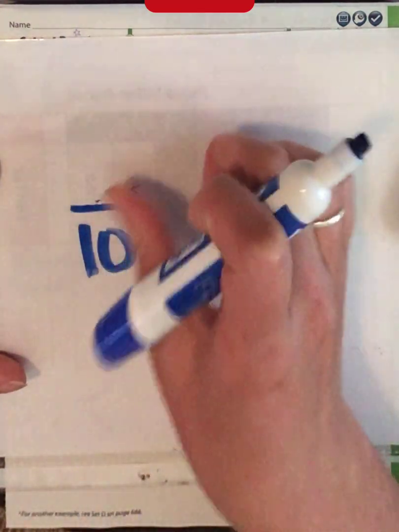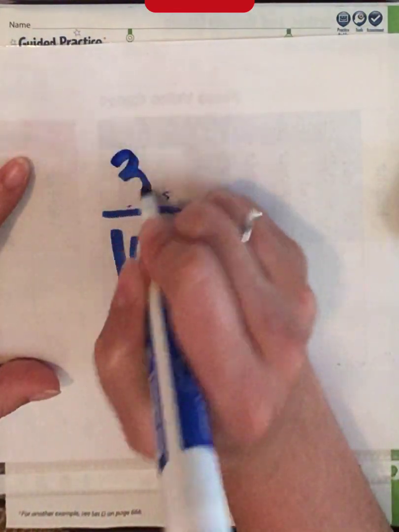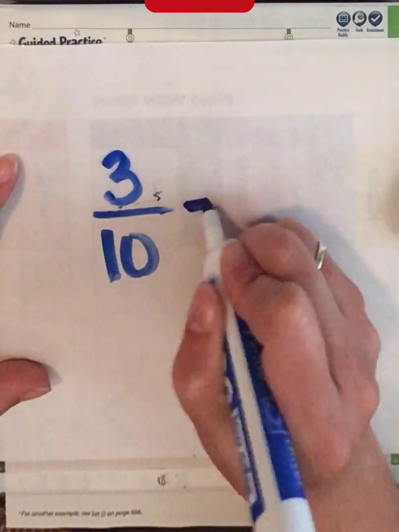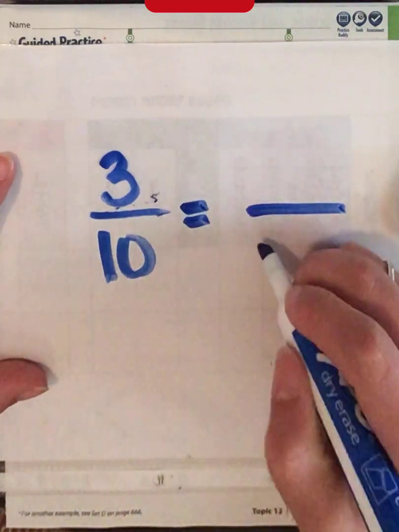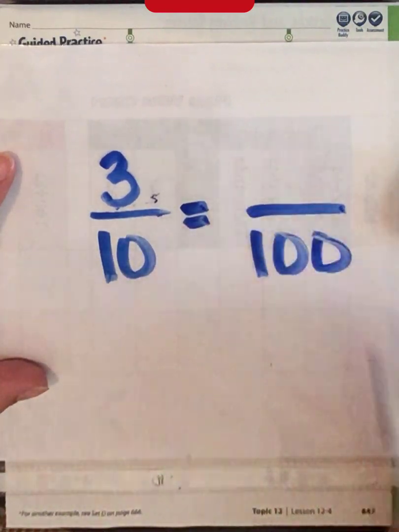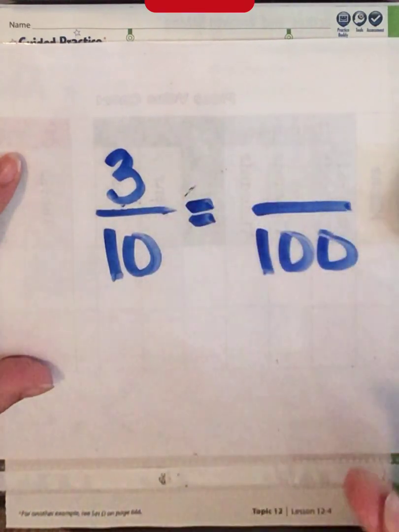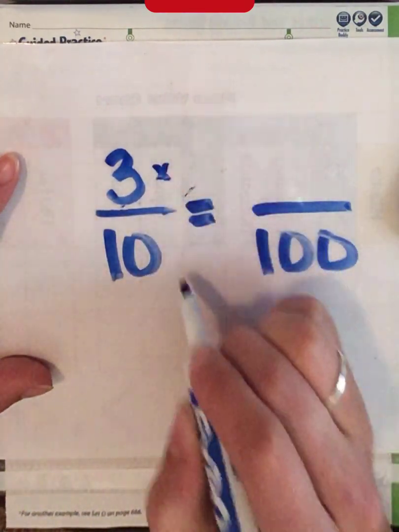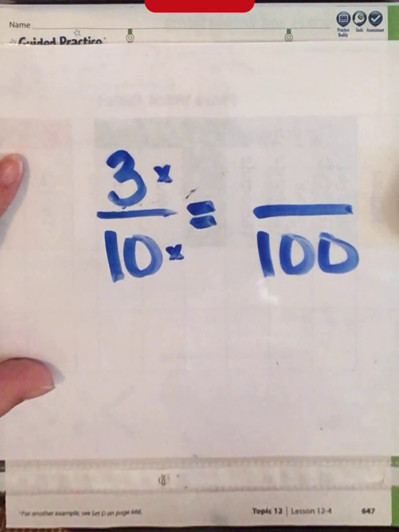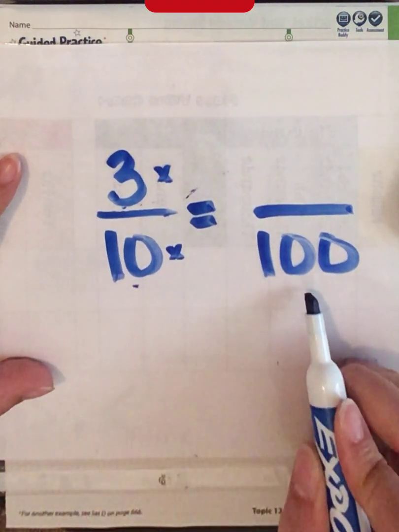All right, so if we had, let's say, 3/10, how could we make a fraction equal in hundredths? Remember this goes back to our trick, making equivalent fractions. What do we have to multiply on top and bottom to get from 10 to 100?